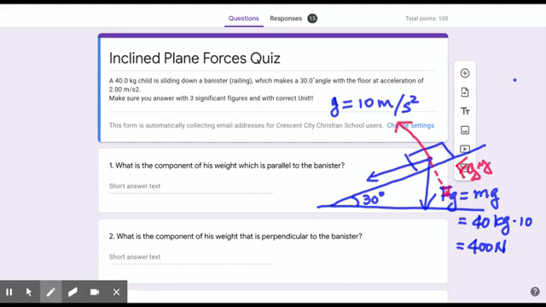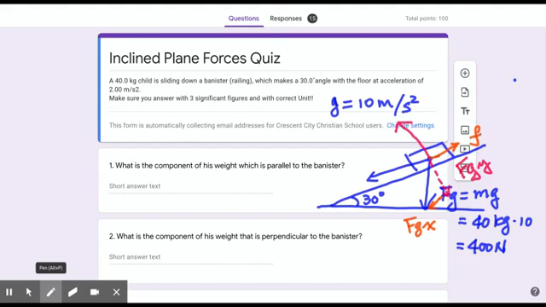We also have the gravitational force x component, and then we also have the frictional force of the surface, friction.